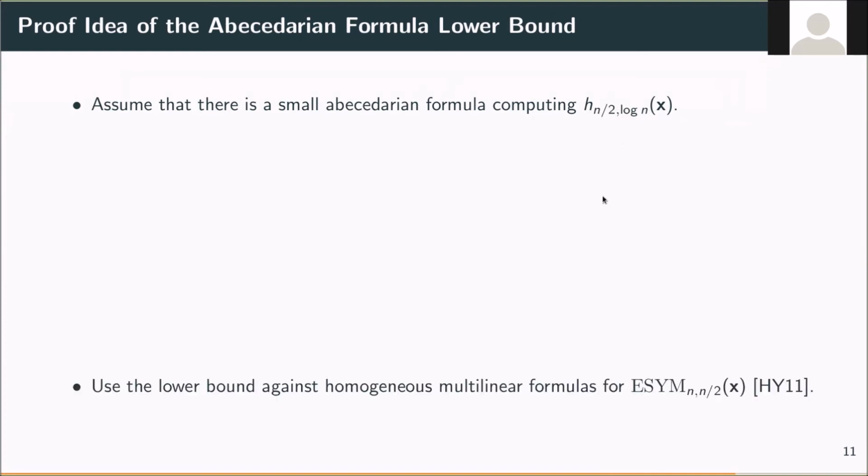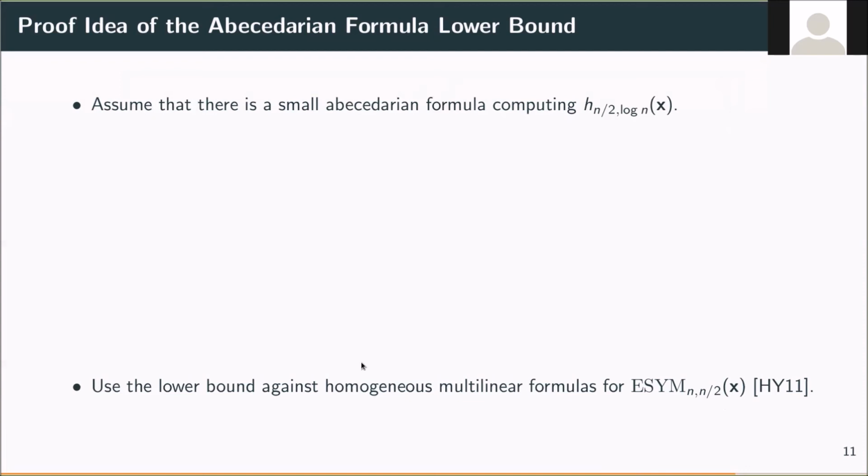And the statement that we will finally be contradicting is the quasi-polynomial lower bound, which is known against homogeneous multilinear formulas for the elementary symmetric polynomial of n by 2 degree. Okay, and this was shown by Hrubeš and Yehudayoff.